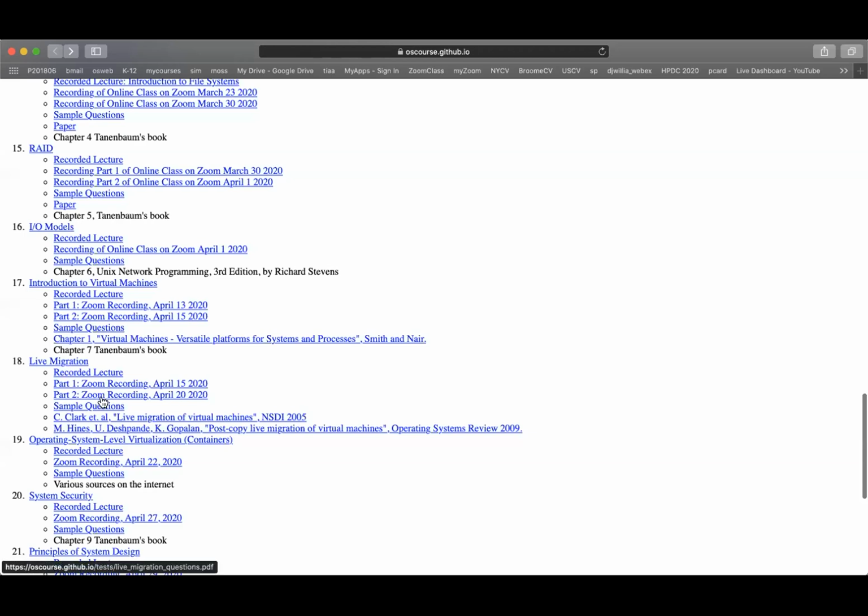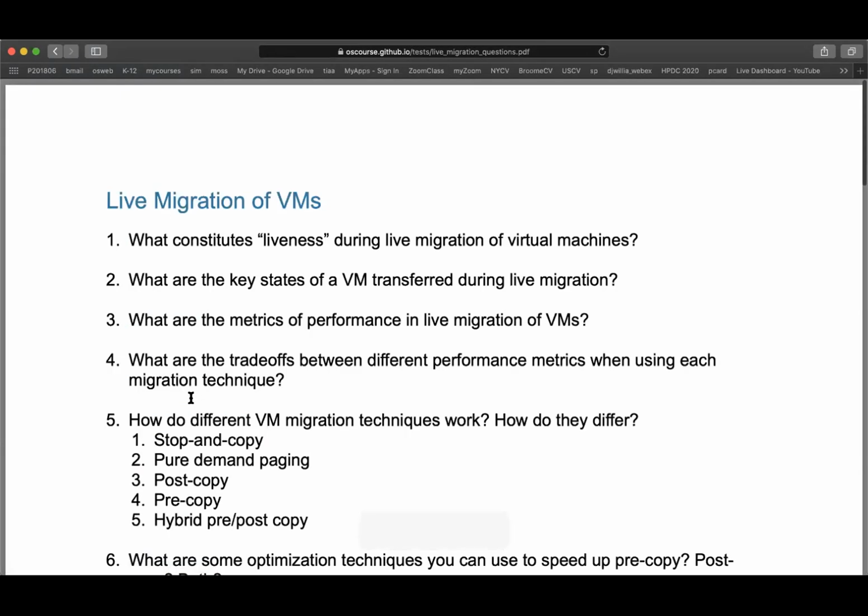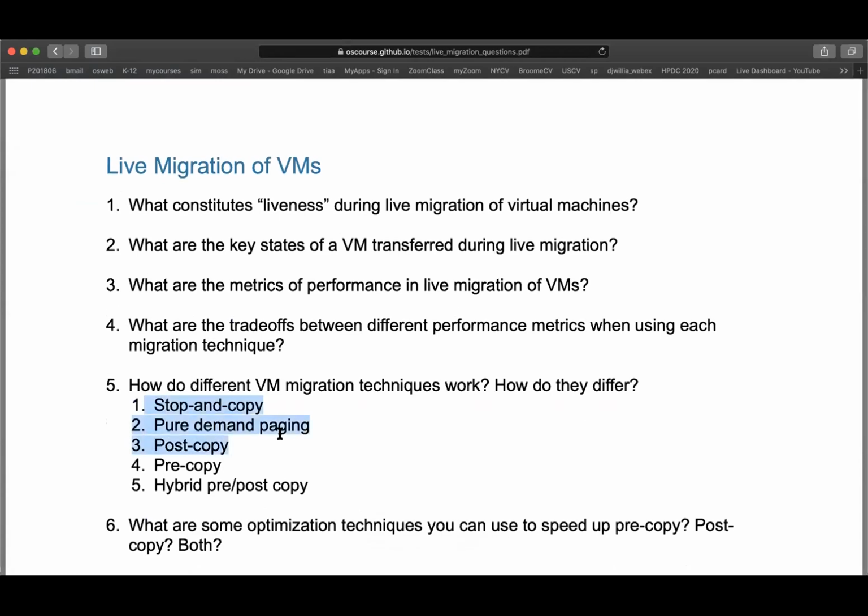So live migration, again, we looked at different live migration techniques: stop and copy, demand paging, post copy, pre copy, and hybrid mechanisms, plus a few more like scatter-gather migration and gang migration.